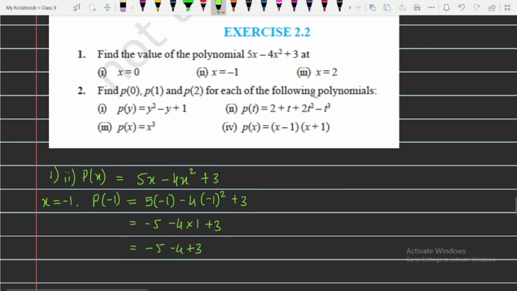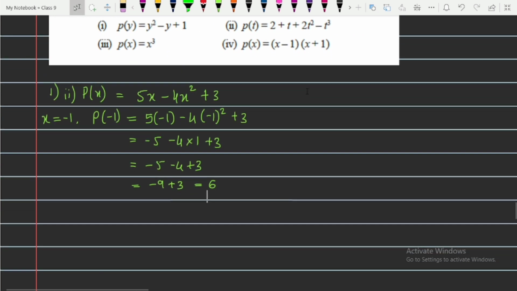So minus 5 minus 4 is minus 9, plus 3 is minus 6. So the value of the polynomial p of minus 1 equals minus 6.